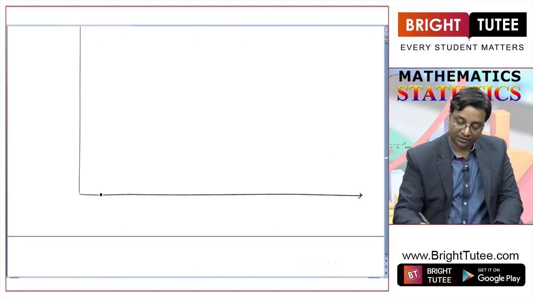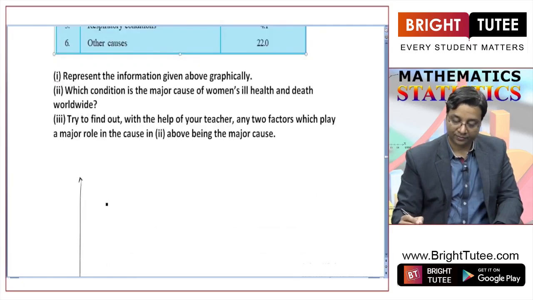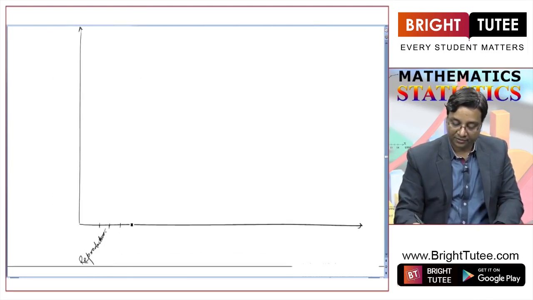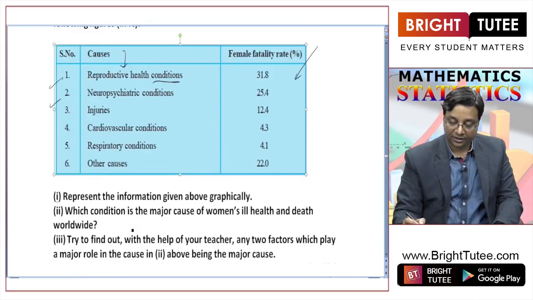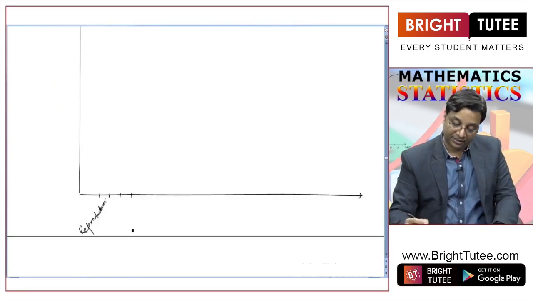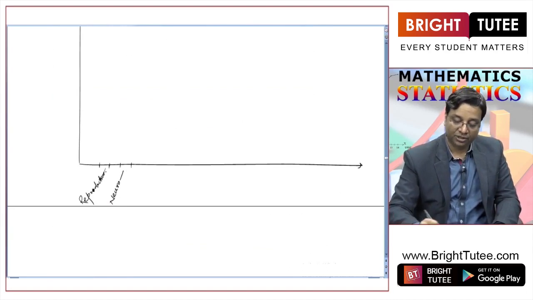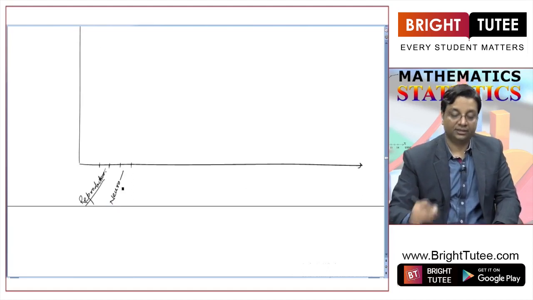So let us start with this gap here for the first condition, that is reproductive health conditions, serial number 1. And the second one is neuropsychiatric conditions. So I am writing it by writing neuro only, but you write the complete statement here, neuropsychiatric conditions.